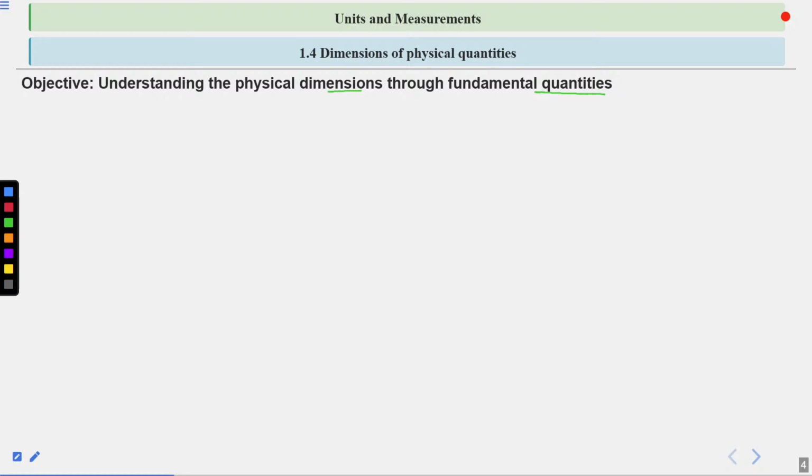So here the question arises, why is it necessary? Dimensions of physical quantities, why is it necessary? The first reason is checking the consistency of equations.